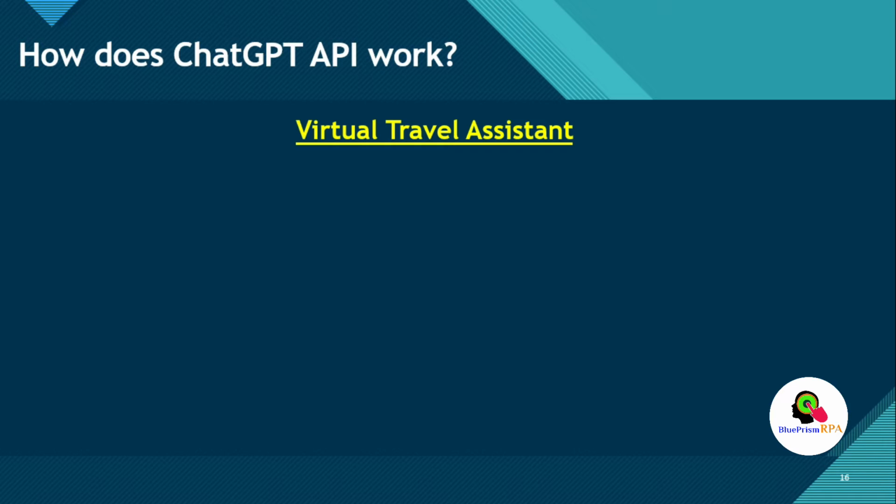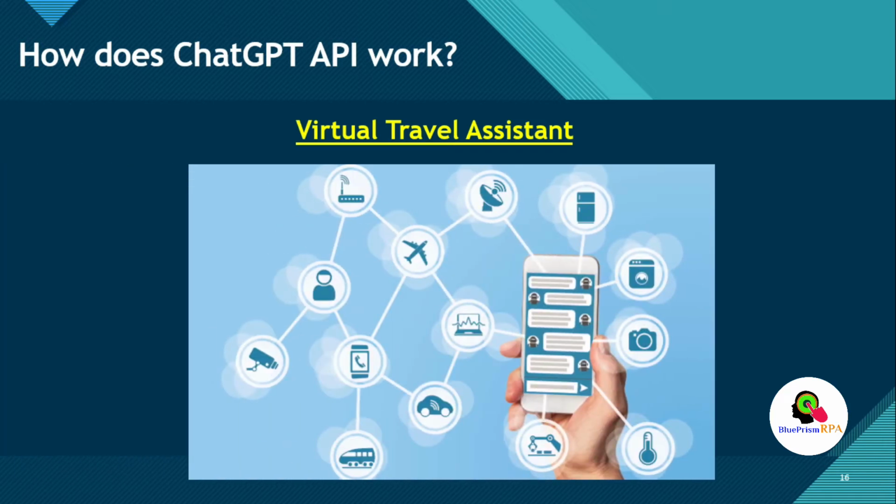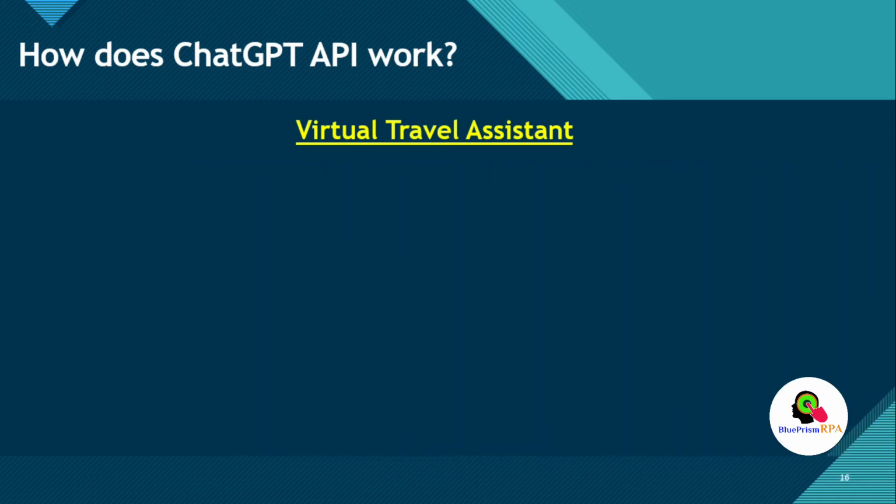Let's say we have a virtual travel assistant. You have a travel website and you want to provide personalized travel recommendations to your users. You can use ChatGPT API to build a virtual travel assistant. When a user types a query like what are the best places to visit in Italy, your application sends this user query to ChatGPT API, and the ChatGPT model processes the message and understands that the user is looking for travel recommendations in Italy.